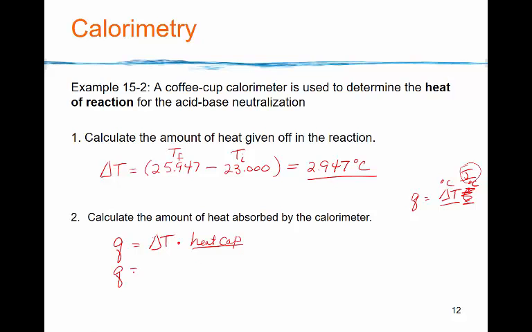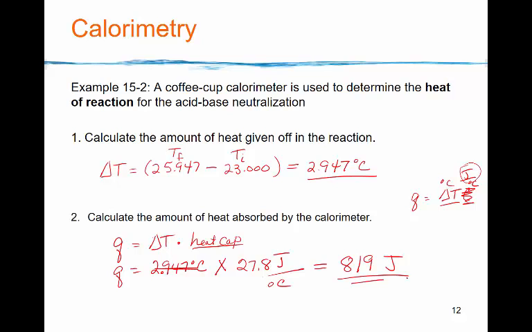So Q is equal to 2.947 degrees C times the heat capacity, which they told us was 27.8 joules per degree C. And when we multiply those together, 2.947 times 27.8, that's going to give us 819 joules.